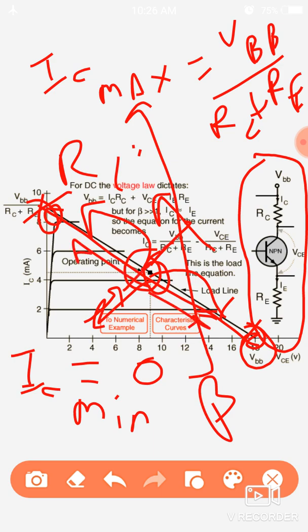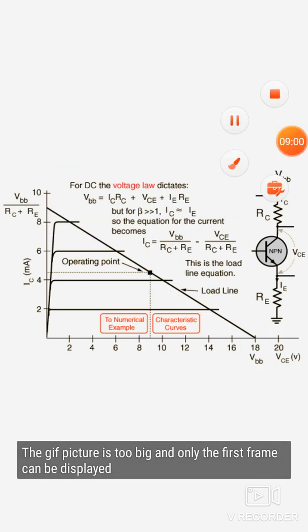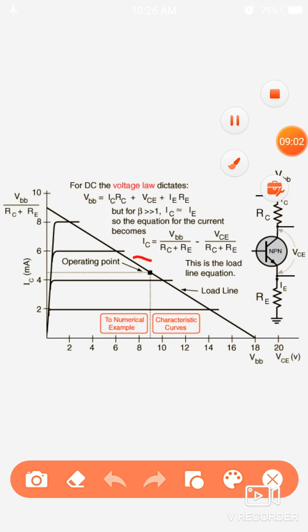So whenever we use a point here in the middle, it may shift to the right or to the left, and there will be no change in the result.